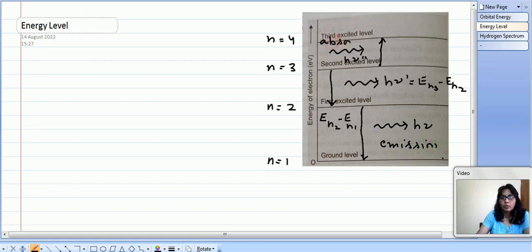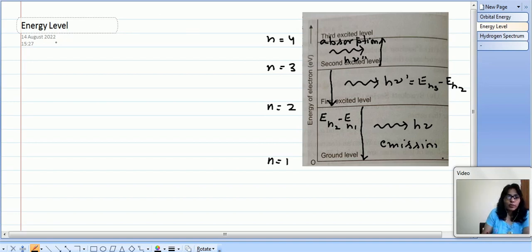In absorption, a photon is supplied, and in emission, a photon is emitted. So this is about the energy level, and then we have to calculate the frequency of the emission or the frequency of the absorption. That is, when an electron jumps from one energy level to another energy level, what will happen?